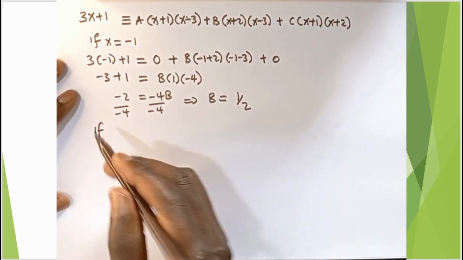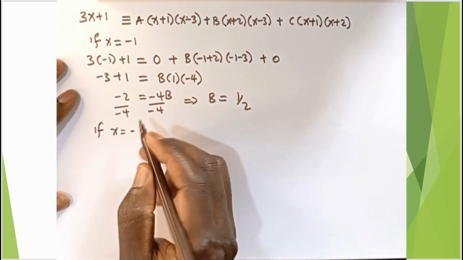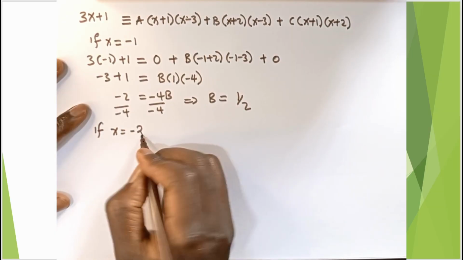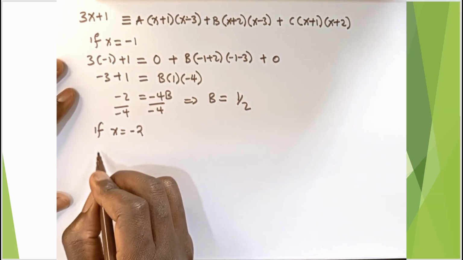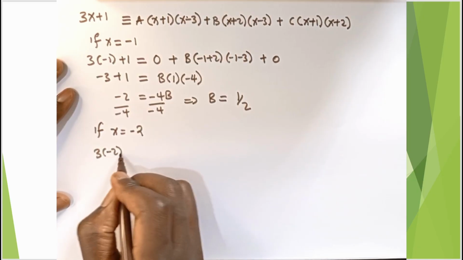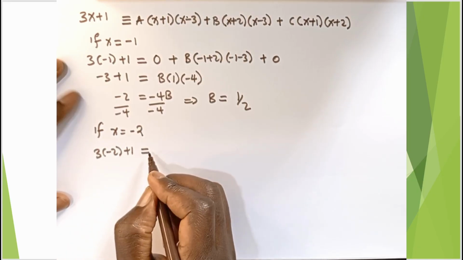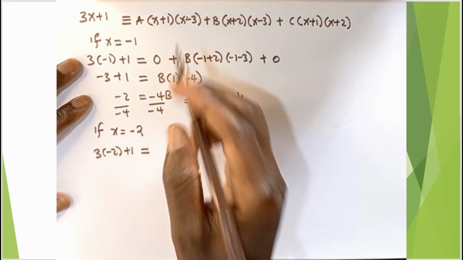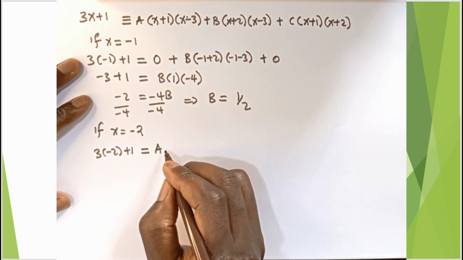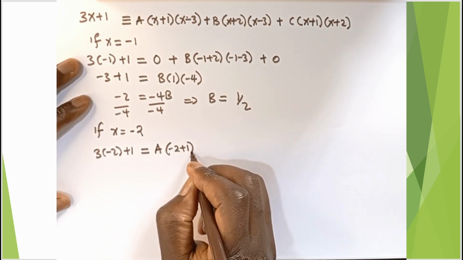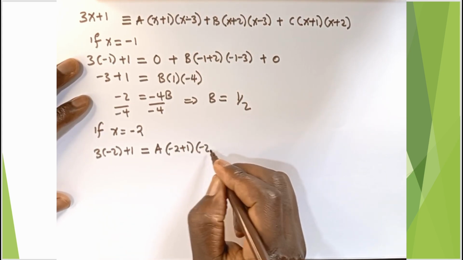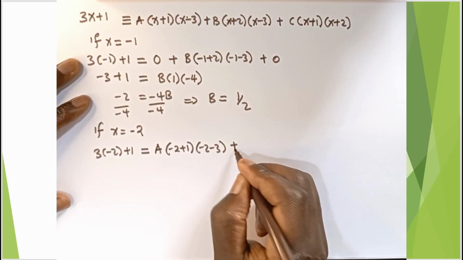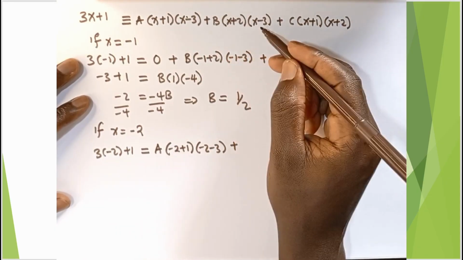So I come and say, if x is negative 2, I'll have 3 into negative 2 plus 1 is equal to, when I put for a, I'll have a into negative 2 plus 1, then negative 2 minus 3, plus this guy will go to 0.